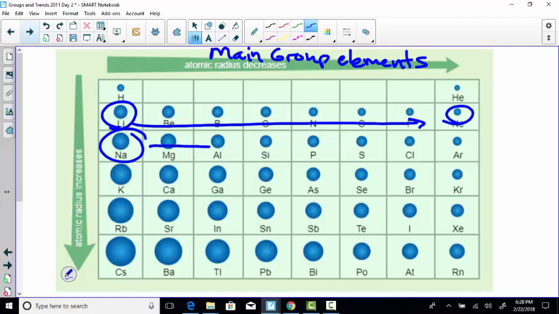And that happens in every one of these. We start big. The trend is to get smaller. Look at this row. Start big, get smaller. Look at this row. Start big, get smaller. Okay? So the trend, and that's what we look at, is to decrease in size as you go across the period. Okay? So we want to write that down.